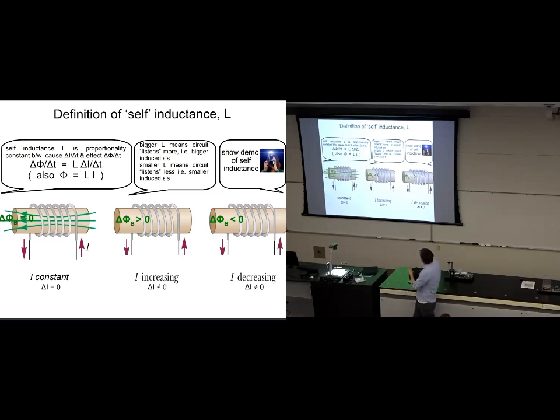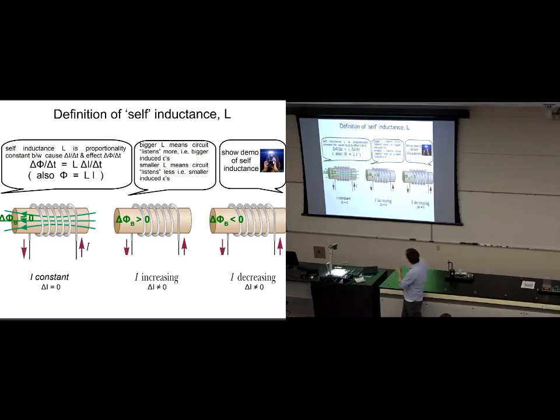The self-inductance is defined by this little equation up here. So L is the symbol we give the self-inductance, and it's a proportionality constant between the cause of induced EMFs and induced currents, which is a changing current, and the effect, the result, which is the change in flux.